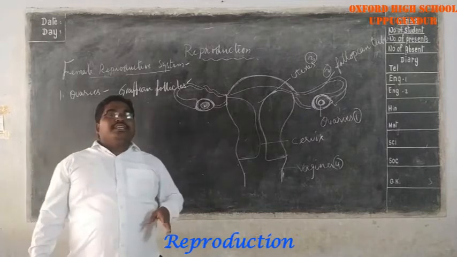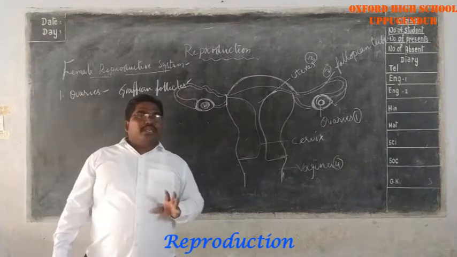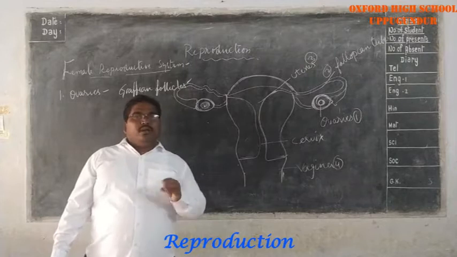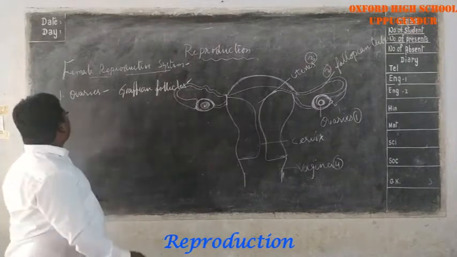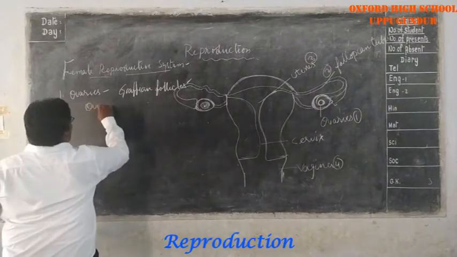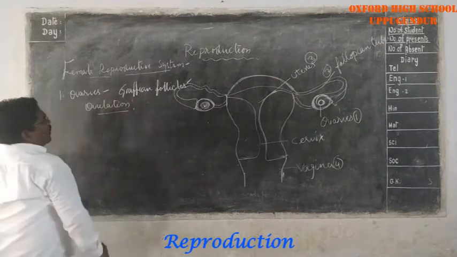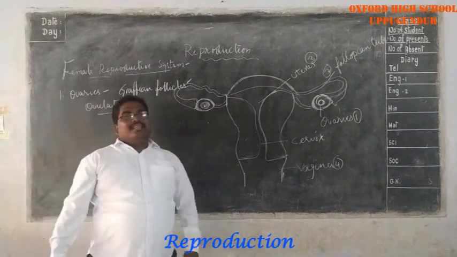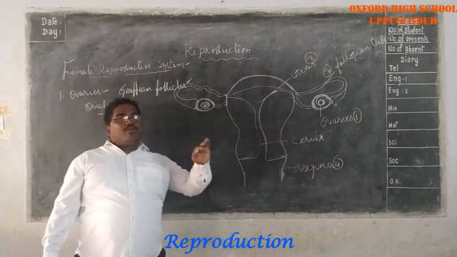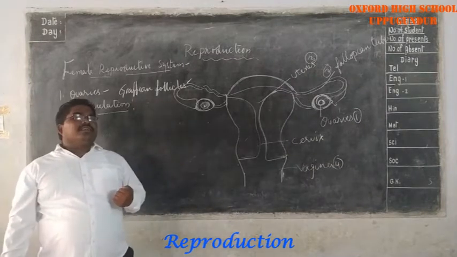This process of releasing the egg is called ovulation. Very important question: what is ovulation? The process of releasing the egg or ovum is called ovulation.